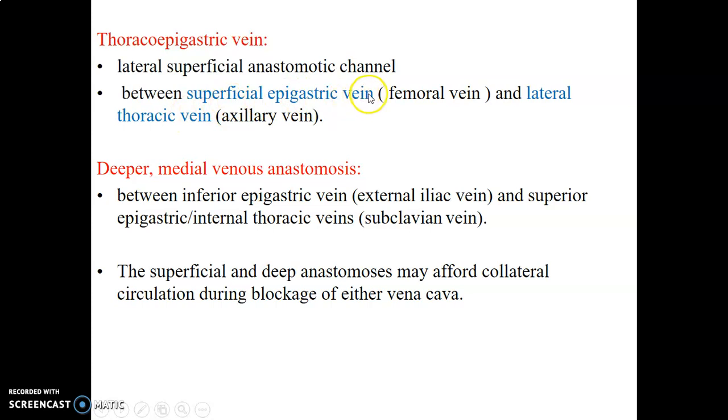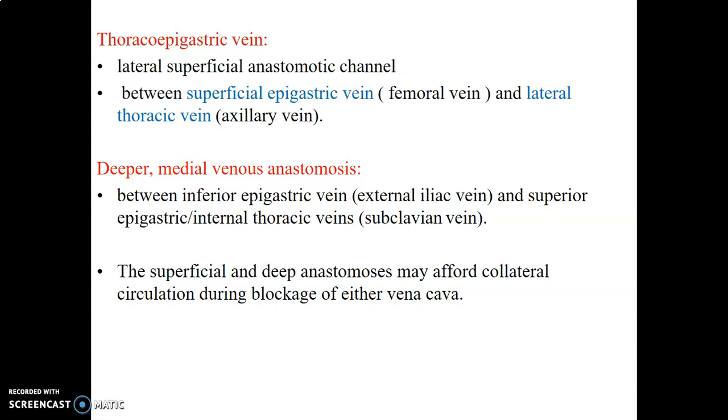So the thoracoepigastric, axillary vein, and the iliacs eventually will communicate. So if you have an obstruction of the inferior vena cava, blood will now have to use the superficial vessels on the anterior abdominal wall between the superficial epigastric and lateral thoracic vein to go back to the heart through the superior vena cava.